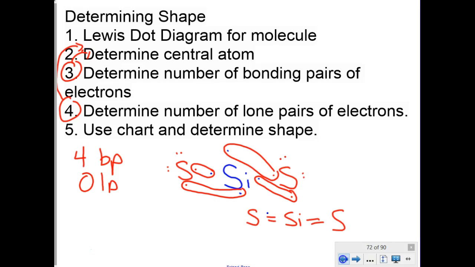This is actually going to be a linear molecule. We can't separate a double bond into two individual bonds. You actually have to treat that double bond as a unit. And so one unit or double bond has to repel the other double bond as far away as possible.